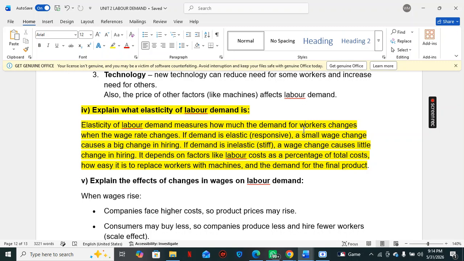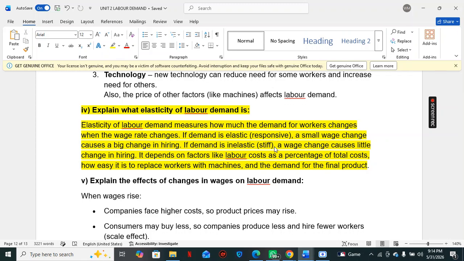A small change in the wage rate means firms are going to get affected and cut the number of workers. If demand is inelastic, not very responsive, then even though the wage rate can increase by 10%, you still need to keep those workers. They're not going anywhere because you still need them.